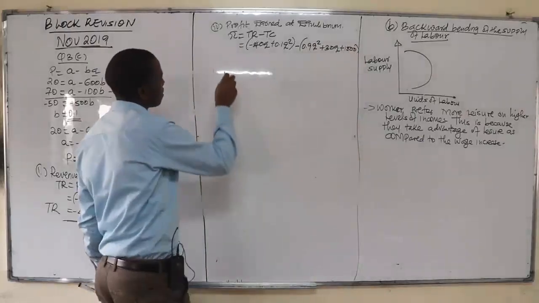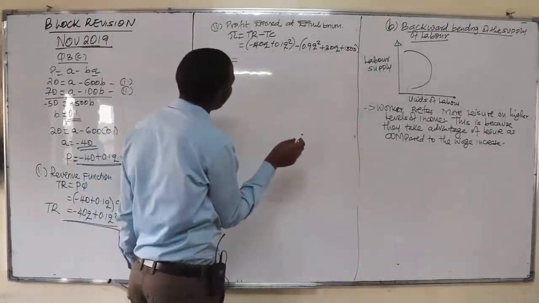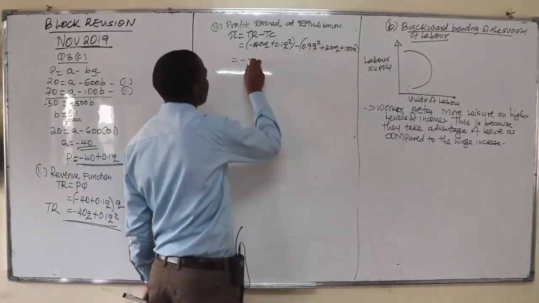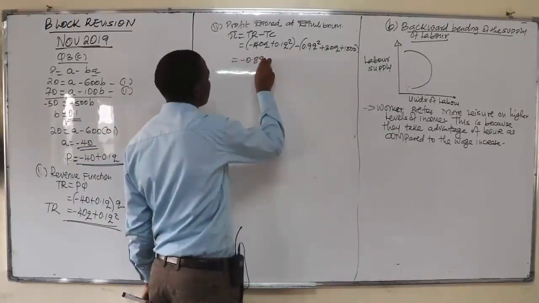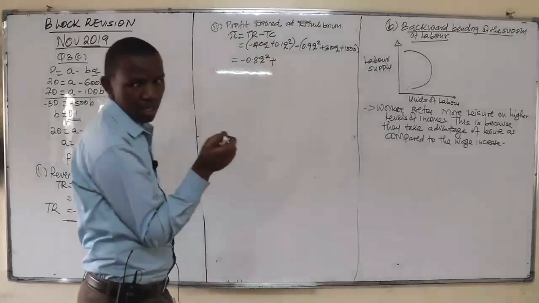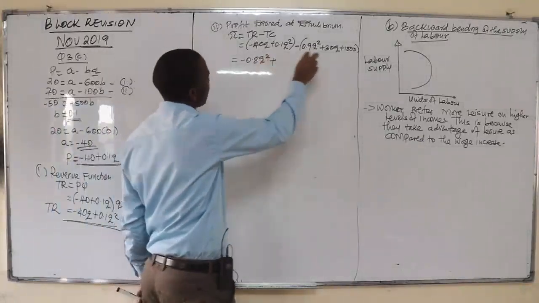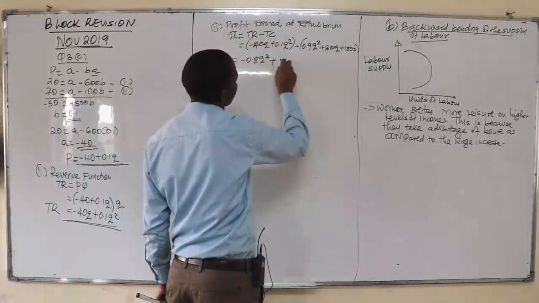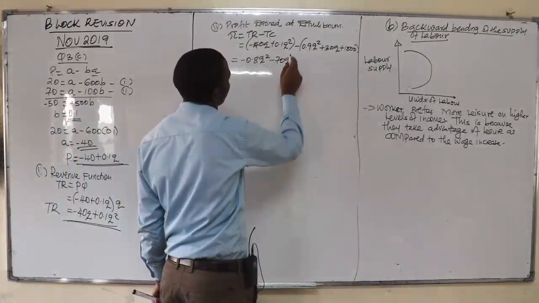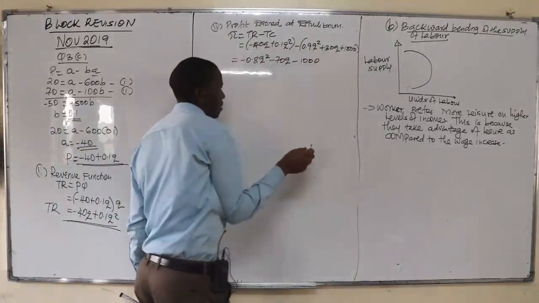So in this case, it will be negative 0.8 Q squared, then minus 40 plus this, minus plus that, it will be minus 7Q, and then minus 1,000, right?